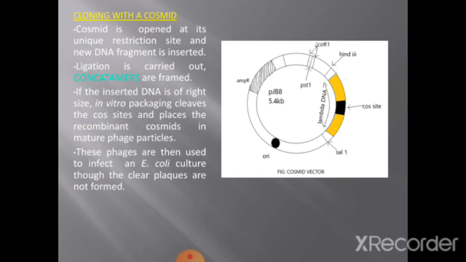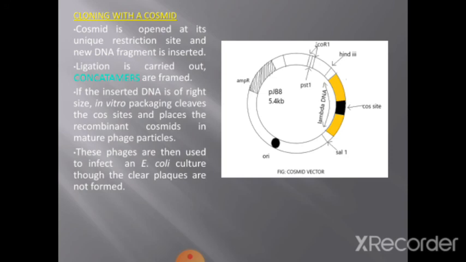Now, if the inserted DNA is of the right size, the in vitro packaging cleaves the cos sites and places the recombinant cosmids in mature phage particles. These phages are then used to infect an E. coli culture.